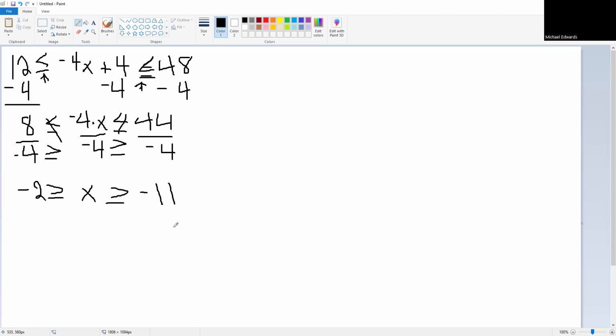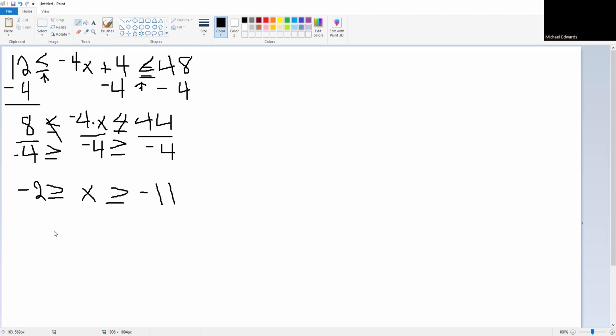Now, we can, but we shouldn't do this when it's out of order. What I mean by out of order, negative 2 is greater than negative 11. We've always had the smallest number on the left-hand side.